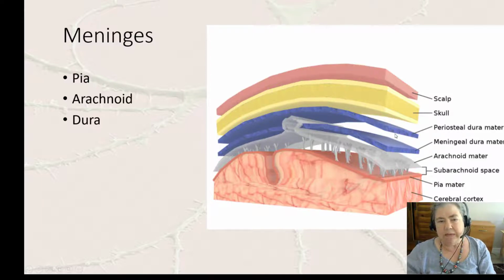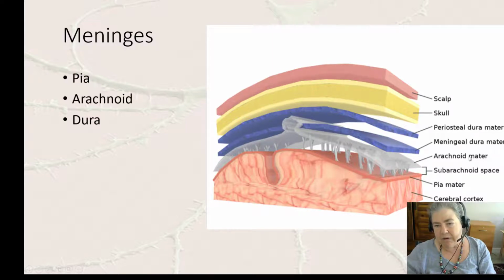Immediately under the meningeal dura mater is a space called the subdural space. It is not labeled. That is between the meningeal dura mater and a very fine, translucent membrane, a little like tissue paper, called the arachnoid mater, referring to spiders, it's spider webby.